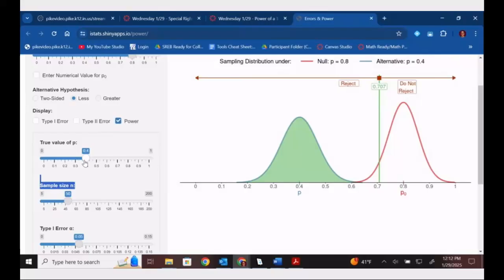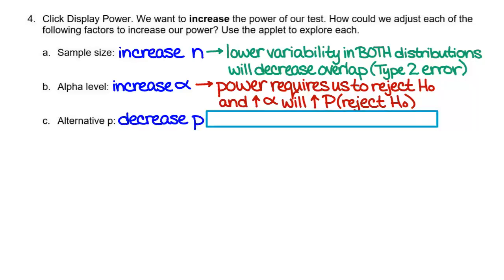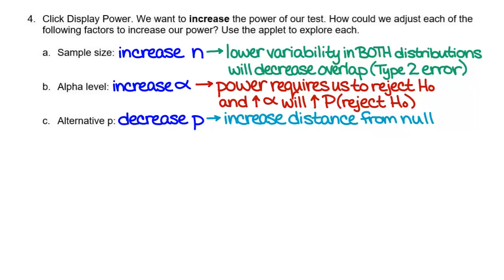It could be on the negative side. In this case, I'm making it smaller. But if my alternative hypothesis had been written with a greater than instead of a less than, then I want it on the other side. So it's not that we always make it smaller, we make it farther away. Farther away from the null. Decreasing P, we increase the distance.